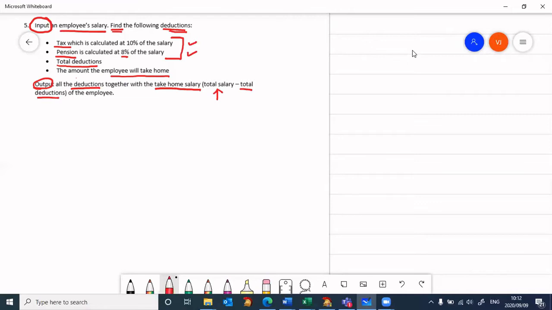Let's write the algorithm for this question. Step 1. In step 1, we need to input an employee's salary. So this time I'm going to call my variable sal, and I'm going to say input salary.